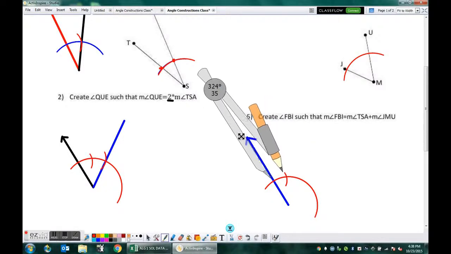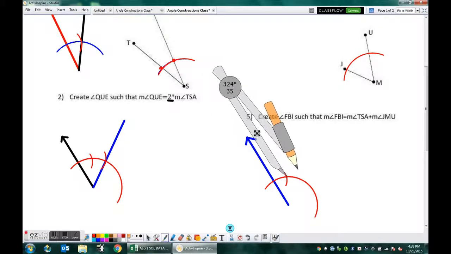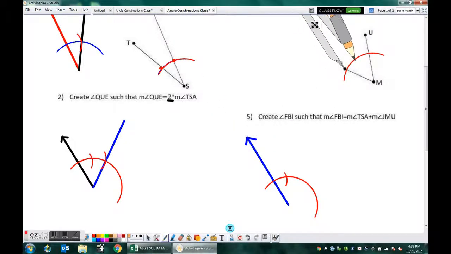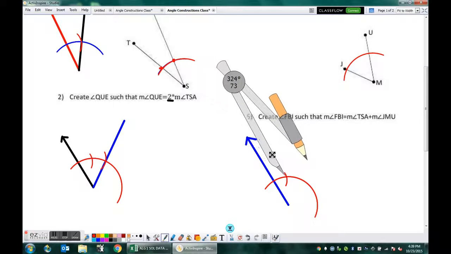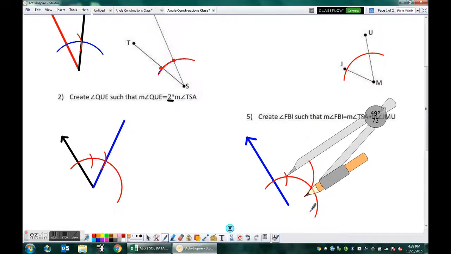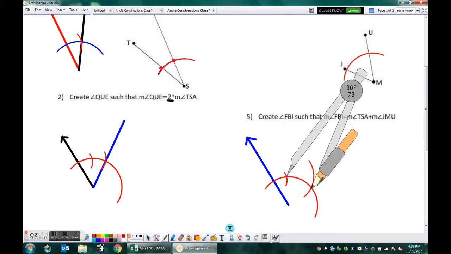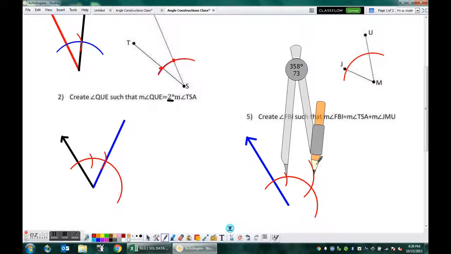But now, instead of adding TSA plus TSA, I'm going to add the distance here between the intersections on that JMU. Okay, so I'm going to measure between the 2 intersections on JMU over here, put my sharp point where I just left off, and I'm going to swing down till I intersect that original arc again.